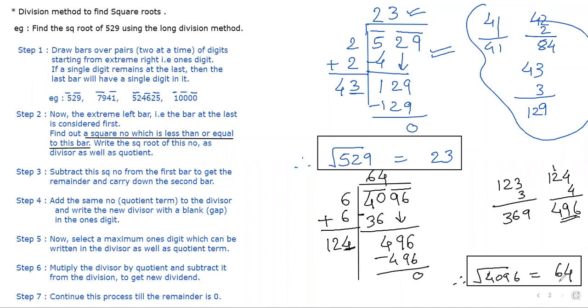Yes, sir. Chalo, let us go for 15376. So where is the bar going to be? 76, 53, and 1. So how are we going to start?